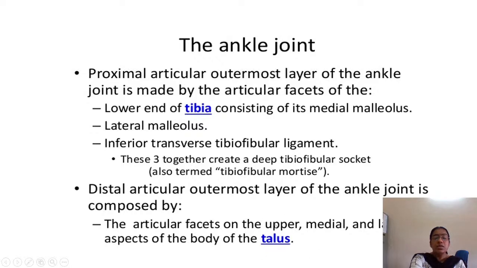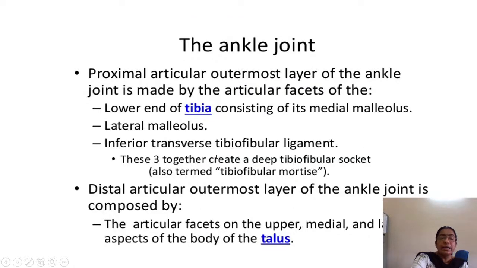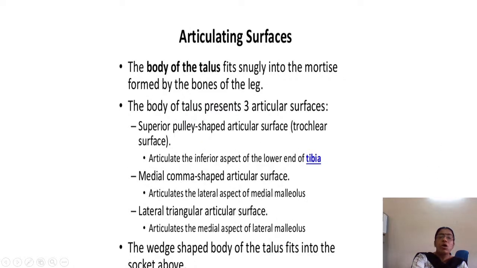This is the talus, which consists of the upper, medial and lateral aspects of the body of the talus. The superior, medial and lateral aspects of the talus will be articulating and forming a joint.